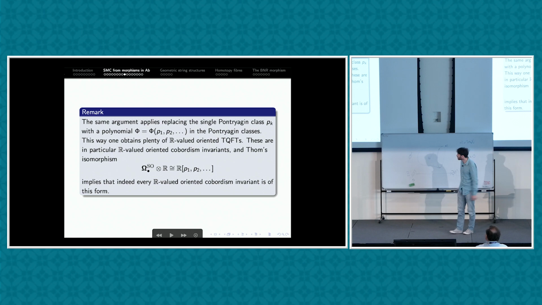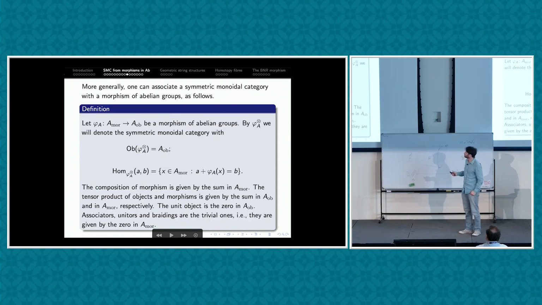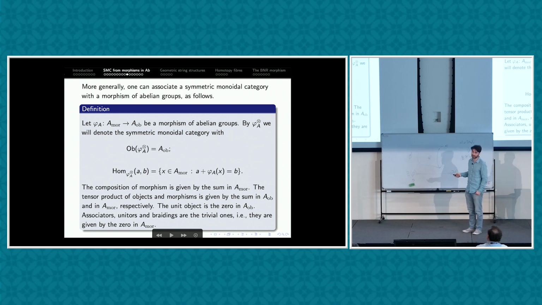Okay, but we have to introduce something more. Something more is not using just a single abelian group, but considering a morphism of abelian groups. Or, as I said before, you can think of this as a two-term complex. So you have one group, which is the group of objects. This is the one that is in degree 0 in the complex. And then you have a group of morphisms, which is in degree 1 in this chain complex.